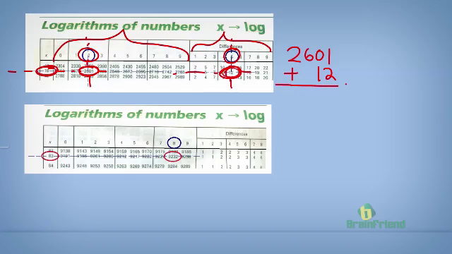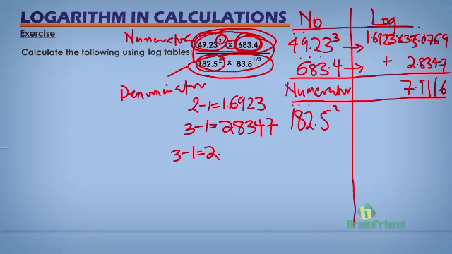So, to get the logarithm of the number that we look for, we would add 2601 and 12. And that would give us 2613. Therefore, the logarithm of 182.5 is 2.2613. Let's get that down into our table.